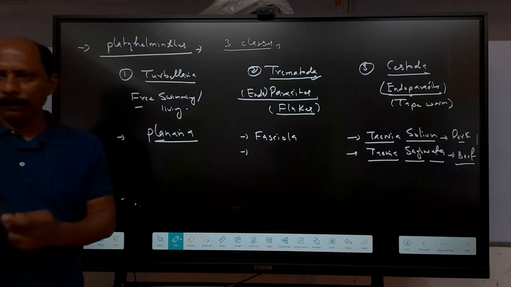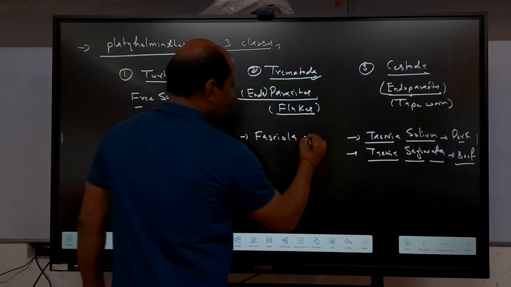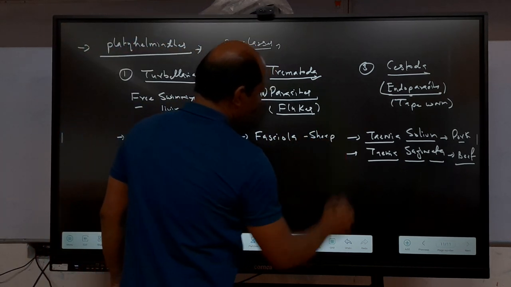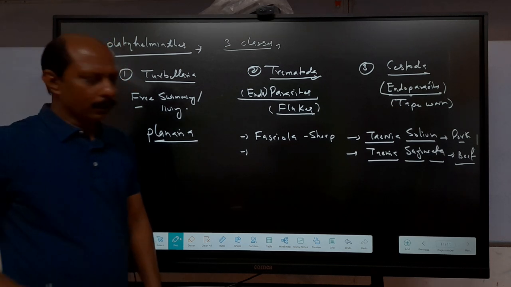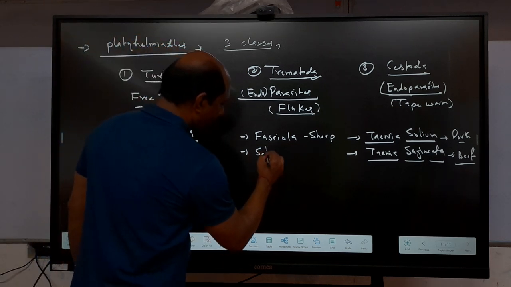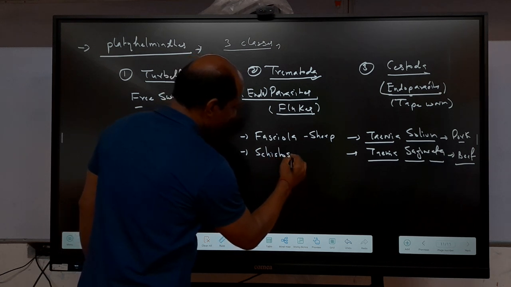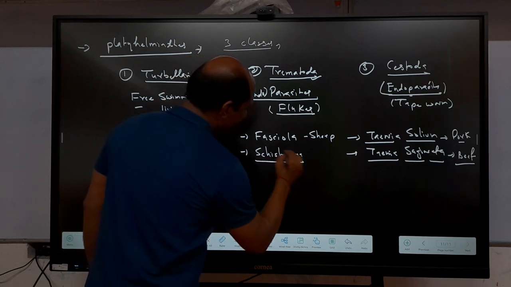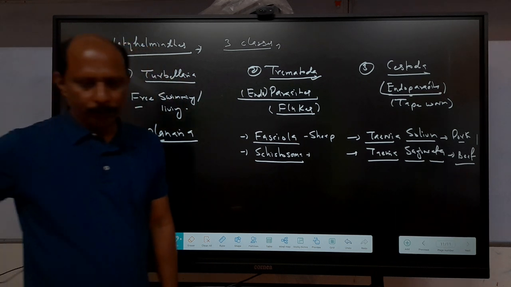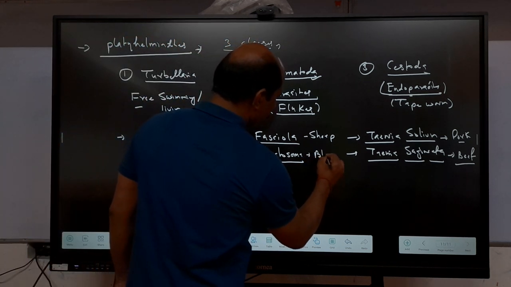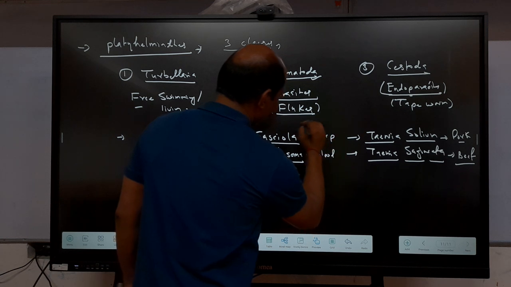Fasciola is called the sheep liver fluke. Another one is Schistosoma. Schistosoma is called the blood fluke. These are flukes.